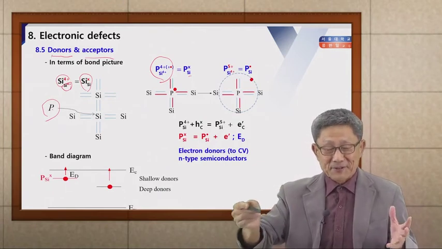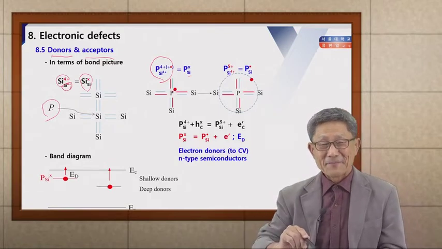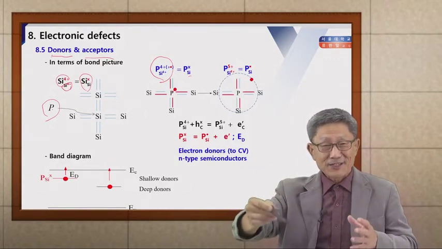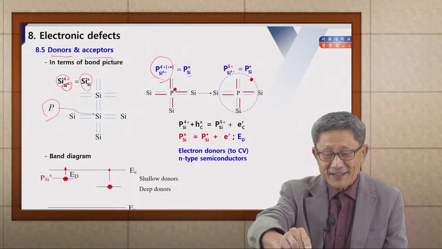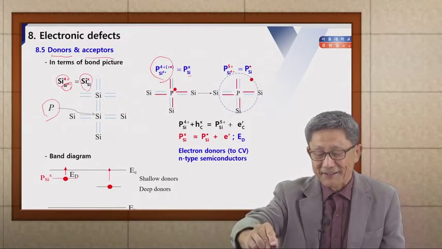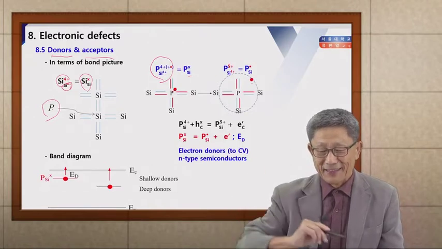Now, temperature goes up. Then, of course, there is a certain degree of attractive interaction between this ion core and this electron. But as temperature goes up, entropy wants to make everything disordered. So this electron is detached from its host, the phosphorus, and goes away to the conduction band.